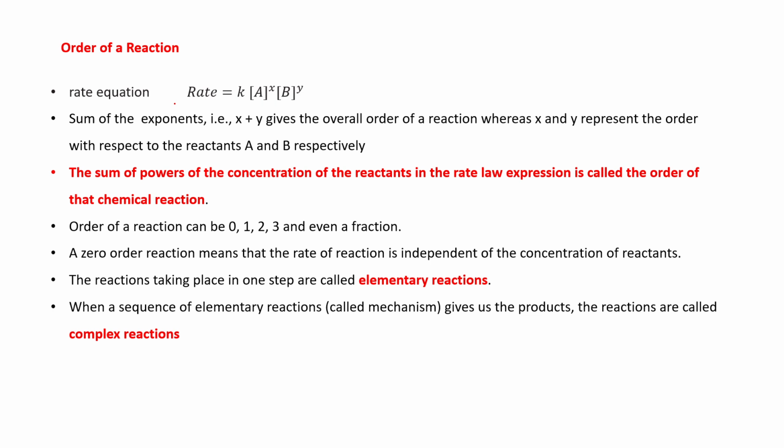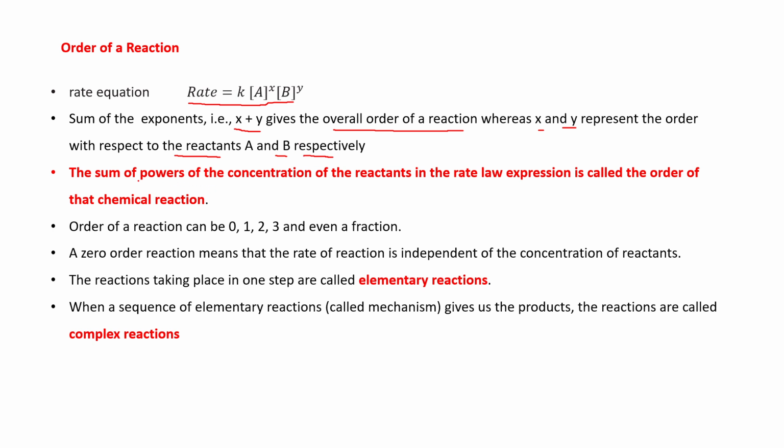Now just see the rate equation for the hypothetical equation we already discussed. Rate is equal to K [A]^x [B]^y, where the sum x plus y gives the overall order of a reaction, where x and y represent the order with respect to reactants A and B respectively. Then how can we define the order of reaction?